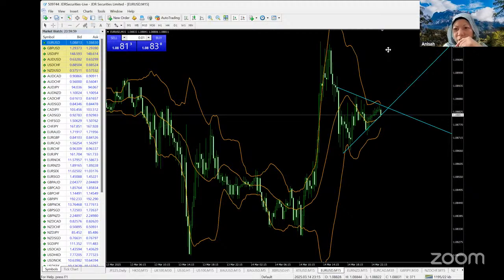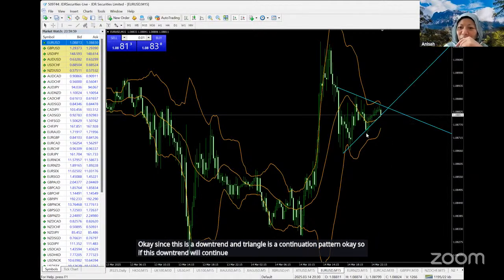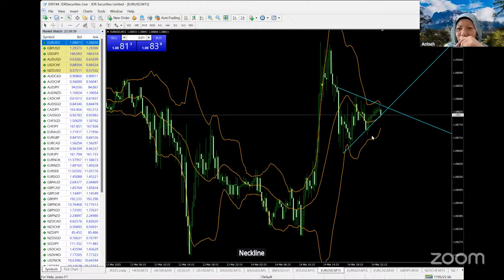Since this is a downtrend and a triangle is a continuation pattern, if this downtrend continues, the price will break the lower neckline of the triangle. Okay, because it's symmetrical.